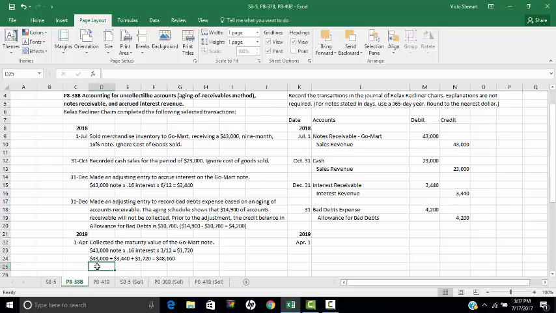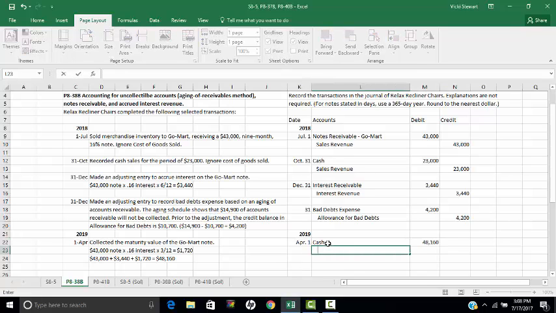Then we need to calculate the amount that we are to receive from GoMart. We have the principal amount of $43,000. We have the interest receivable of $3,440, and now we have an additional $1,720 in interest. So the total amount that GoMart owes us is $48,160. So we will debit cash for that amount.